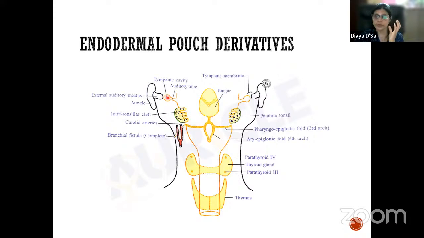Internal ear is derived from the hindbrain vesicle, that otic vesicle, that forms the internal ear part, because it is mainly concerned with the nervous system, right? Vestibular and cochlear nerve are there. Here we have the intratonsil. This is the tonsil. These are the clefts forming. And as we come down here, we have the parathyroid 3 and the thymus and the superior parathyroid here.